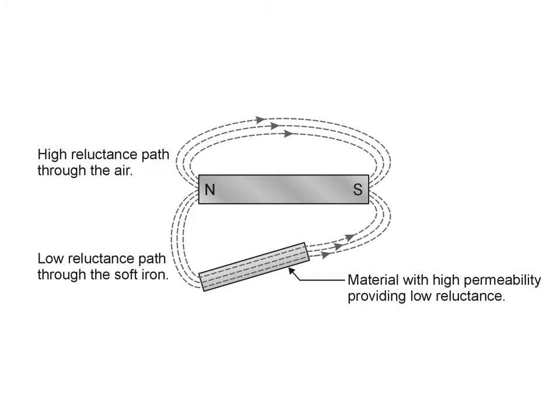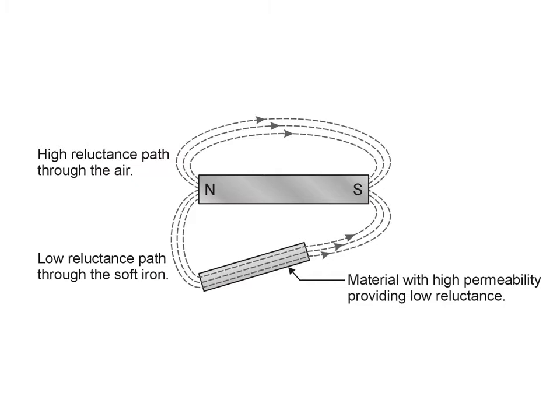If we were to put a piece of soft iron near the magnet, soft iron has a low reluctance or a high permeability. The magnetic lines of force will actually stretch and go out of their way to go through the low reluctant path or the path with a high permeability.